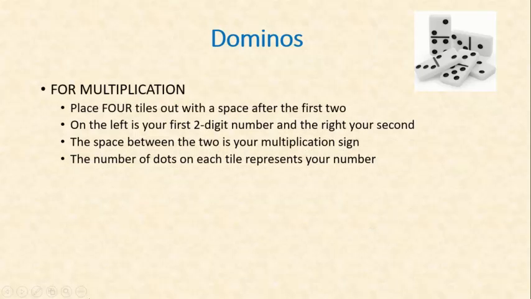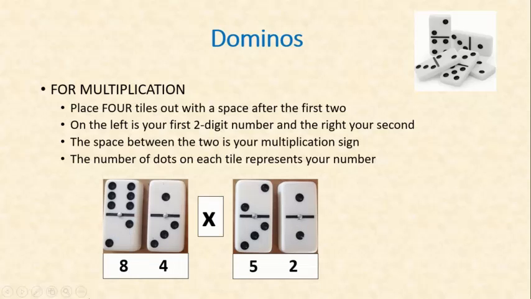Dominoes. For multiplication, place 4 tiles out with a space after the first 2. On the left is your 2-digit number, and on the right your second number. And the space between is your multiplication sign. The number of dots on each tile represents your number. So here's an example.